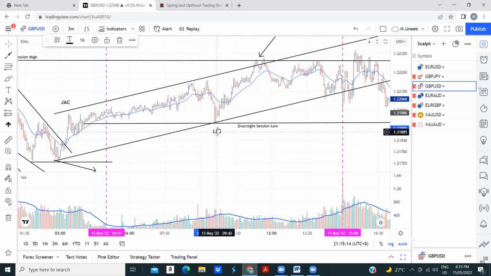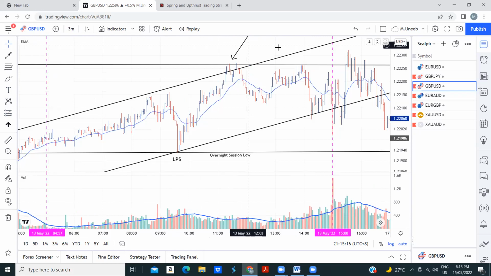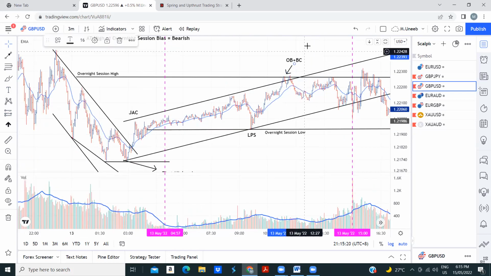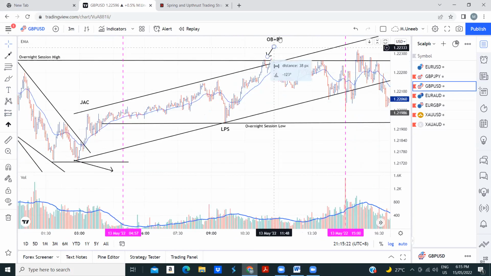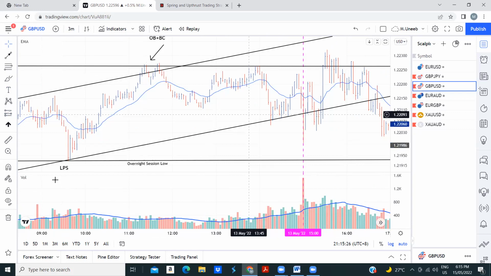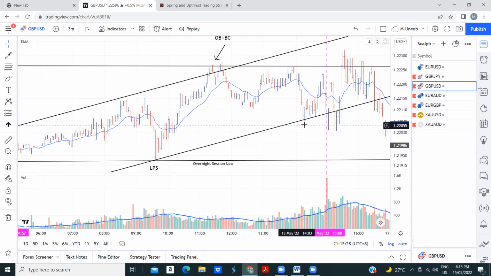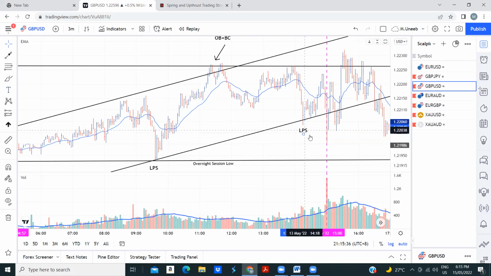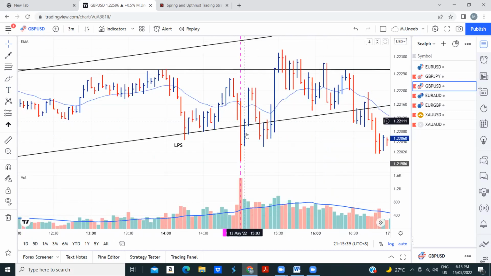Last point of support. And this one is OB and BC. I've already marked it. And then this is LPS. And this is also LPS, last point of support. This is once the London opened right over here on this session.